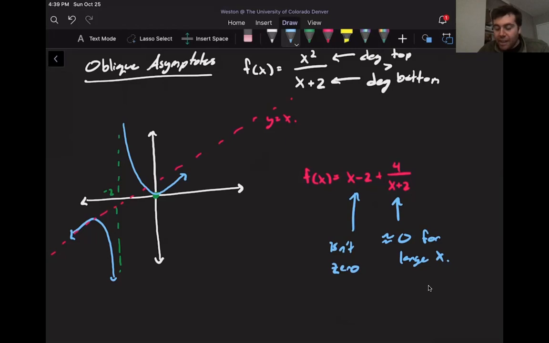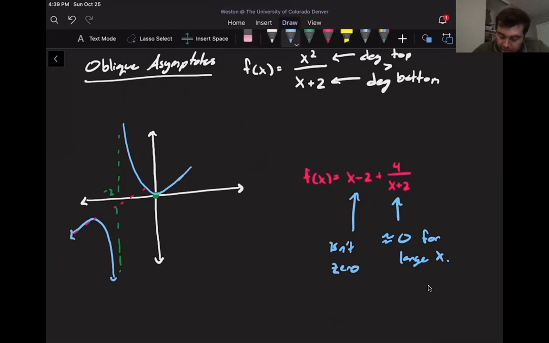So it's saying our function is acting like x minus 2 plus something that's just a teensy bit bigger than 0. So when we draw our graph out, I'm going to erase this pinkish line that I drew before. There'll be some remnants of it. Oh well.